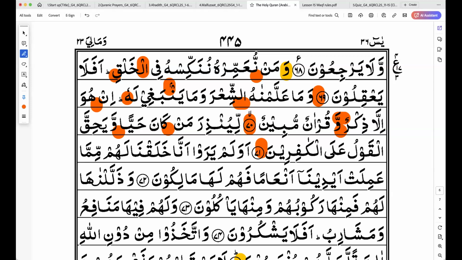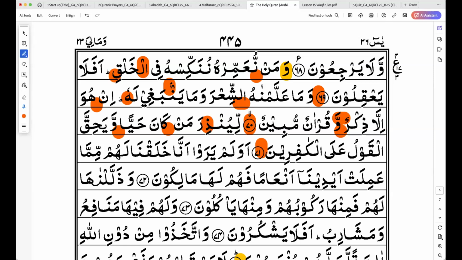Again, over here, which rule? It's again the Izhar or Ikhfa. Ikhfa, concealment. So conceal the nasal sound for 2 seconds.